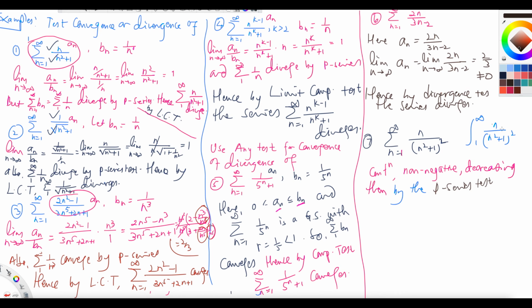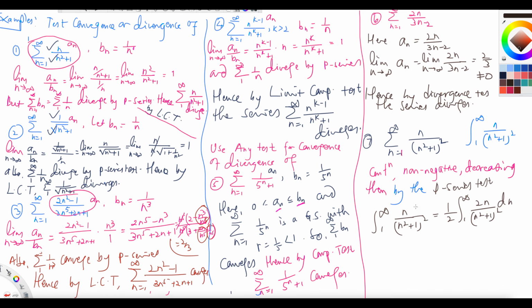Okay, so how do I know that? Because if you just do that from 1 through infinity of n over n square plus 1 square, you can add 1 over 2, the integral from 1 through infinity of 2n over n square plus 1 square dn, or you can write x there.